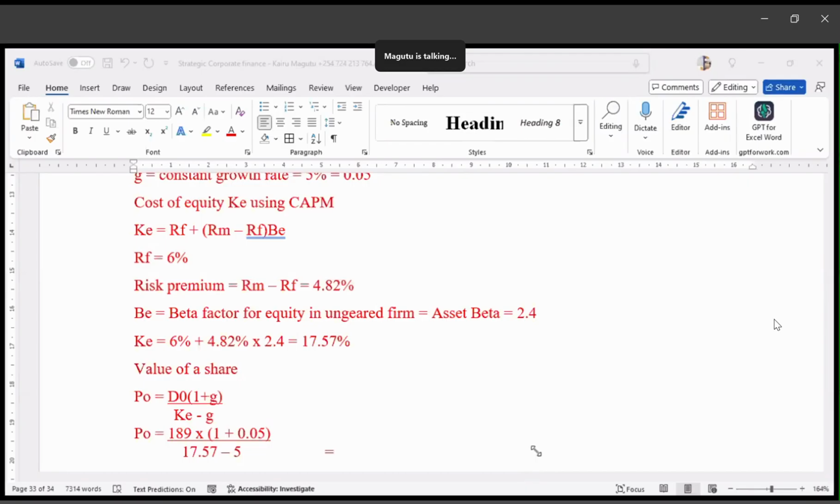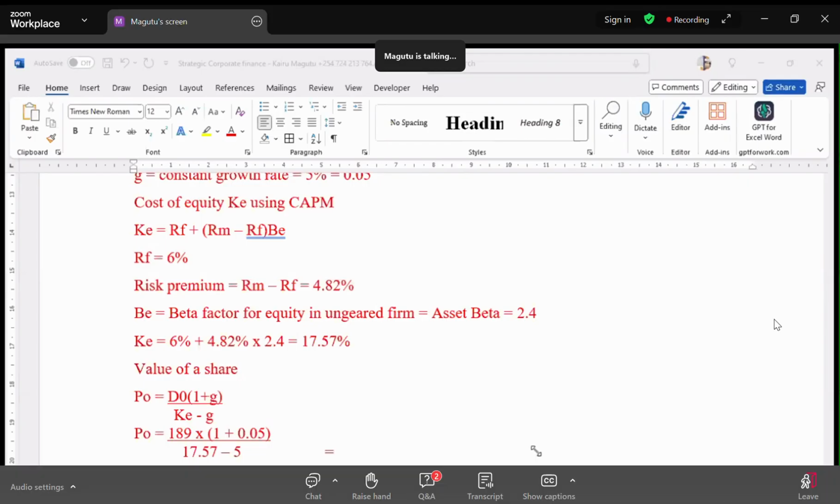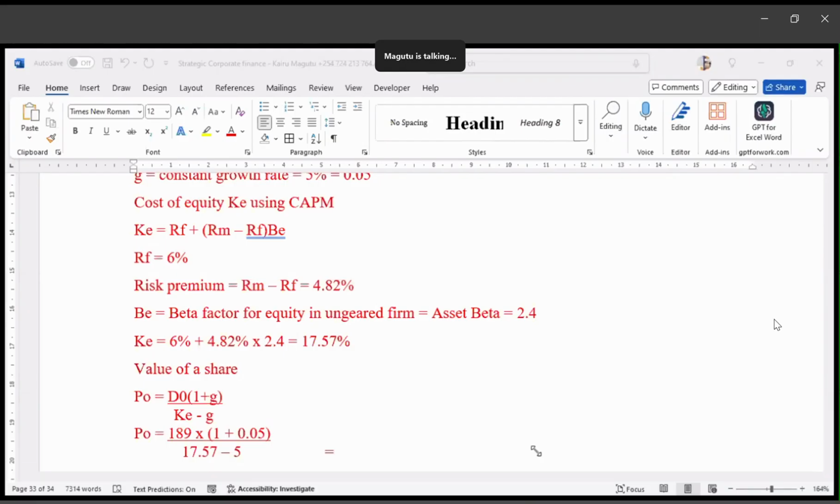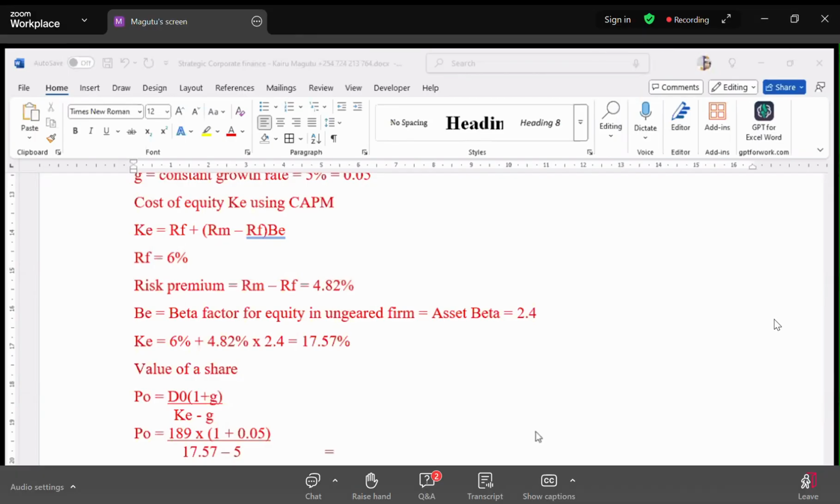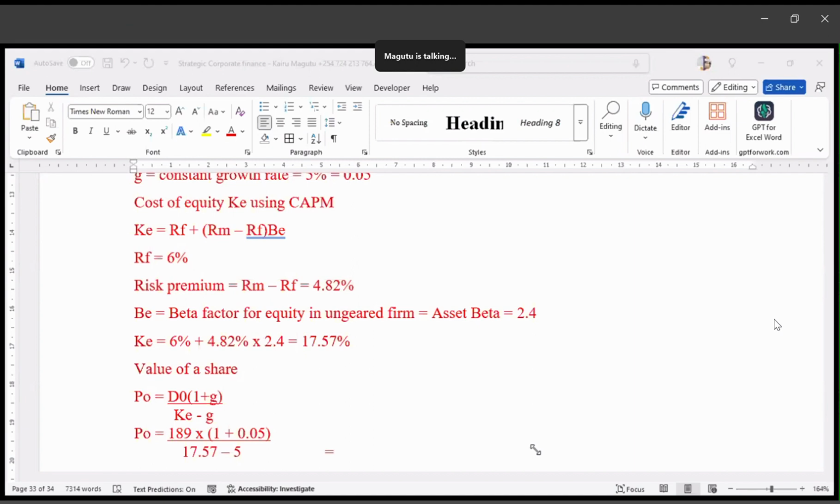One says 0.17569, another one says 1579. Let's see, please. Let's get it from someone. Someone says 15.78.